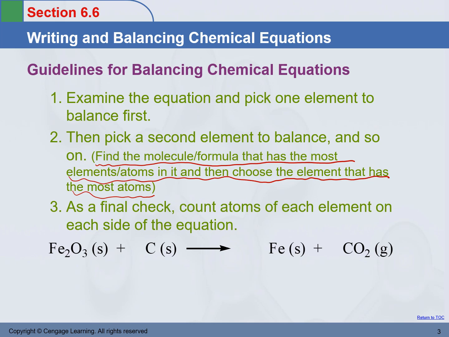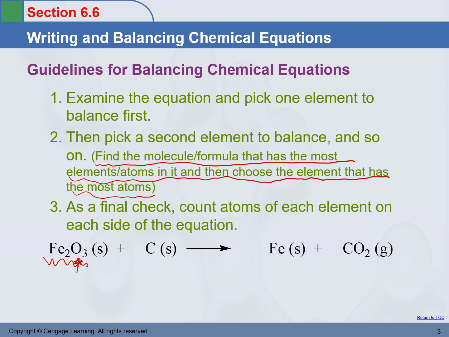Let's do that here. The formula that has the most atoms will be iron(III) oxide, Fe2O3. And in this formula, let's pick the element that has the most atoms. That would be oxygen. So let's balance oxygen now.